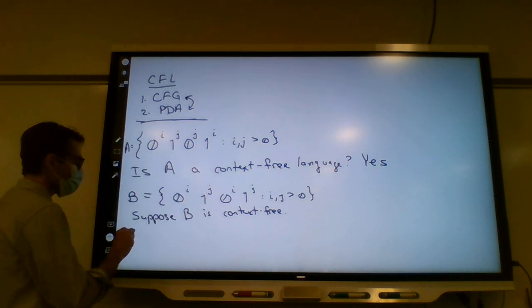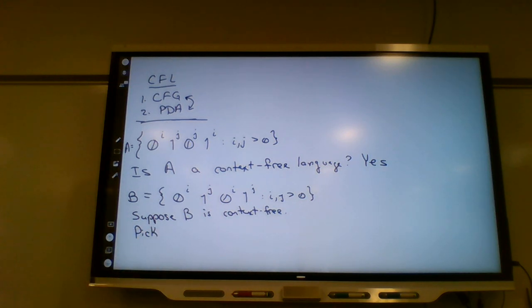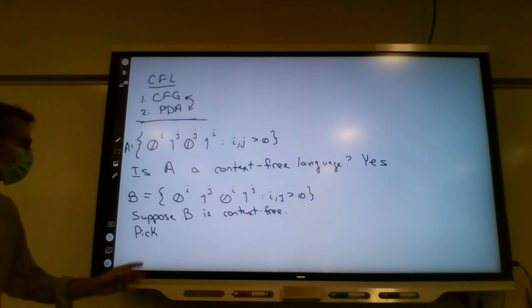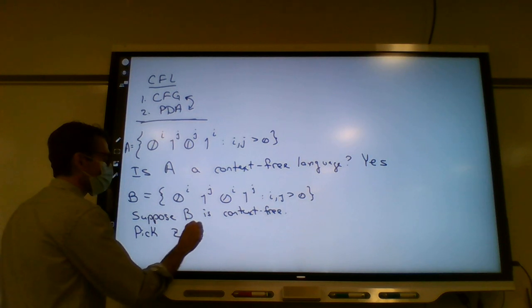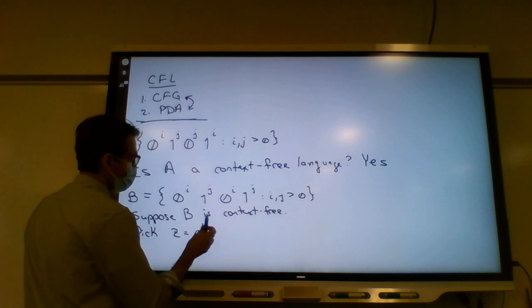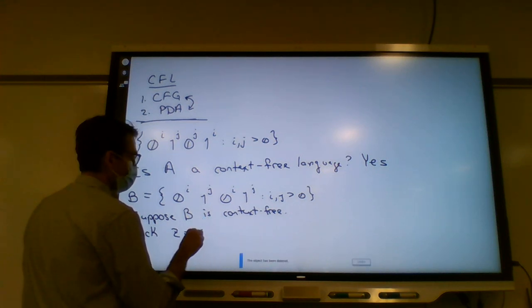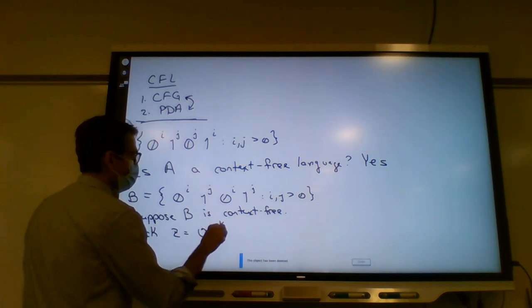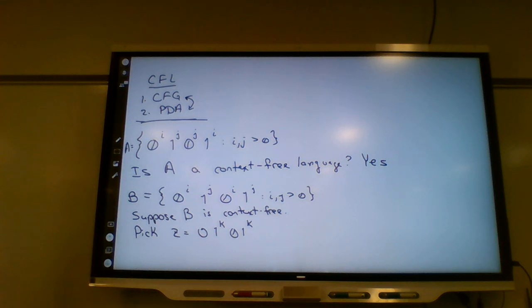So let's pick a string that we know is going to be long enough. Remember we said that there's some length k that's the right length. So let's just pick our string, a string that we know for sure is long enough.